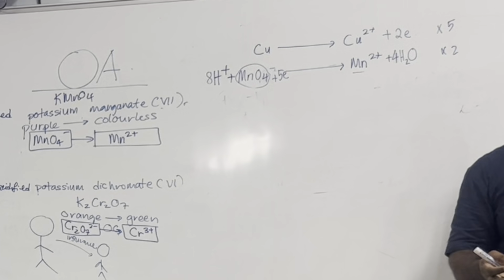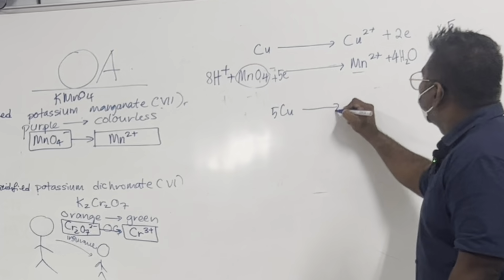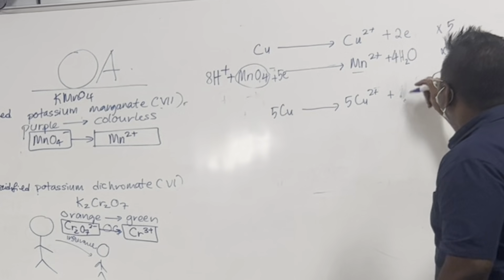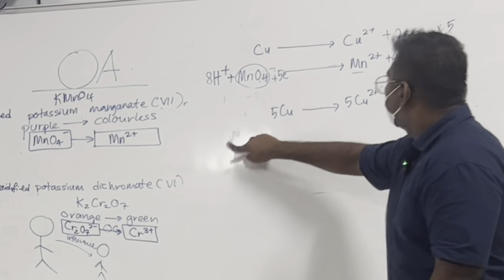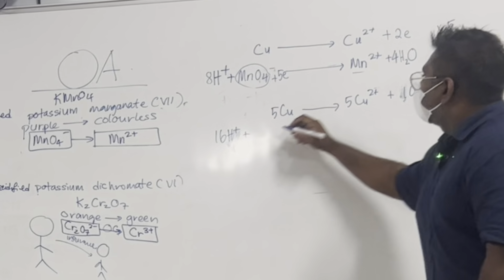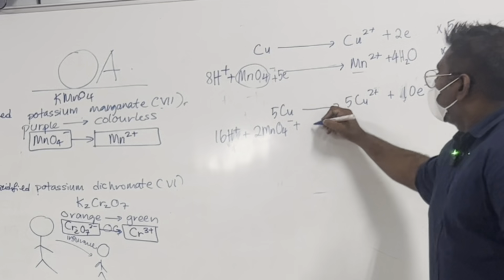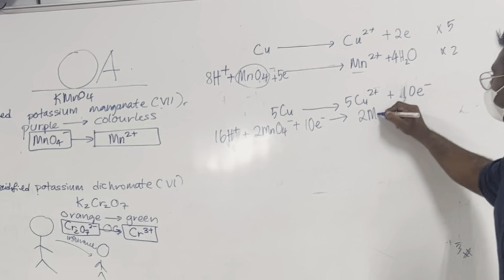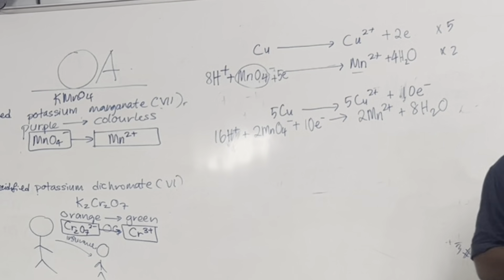So I'll rewrite again: 5Cu to give you 5Cu2+ plus 10 electrons, and then 8 times 2, 16 H+, then 2 MnO4-, plus 10 electrons, gives 2 Mn2+ plus 8 H2O.